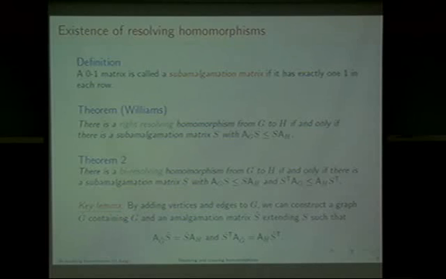However, to show the existence of bi-resolving homomorphisms, we first add some edges and vertices to the original graph G, so that we can construct an enlarged graph G tilde and an enlarged amalgamation matrix S tilde satisfying this condition. Then, by using this lemma and the previous theorem, we can say that there exists a bi-covering homomorphism from graph G tilde to graph H. Then, by definition, the restriction of this graph homomorphism to G is a bi-resolving homomorphism.